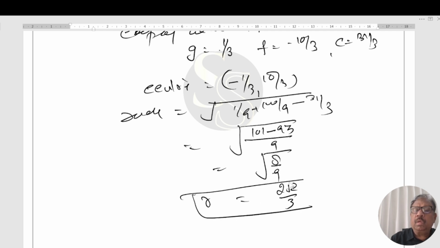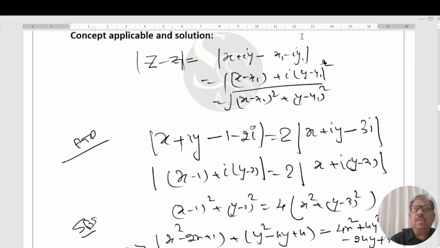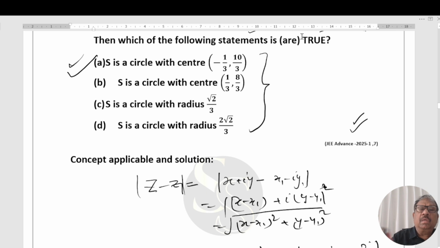The radius comes out to be 2 root 2 by 3. Let's check the answer. A and D are the correct answers. Right? Next question.